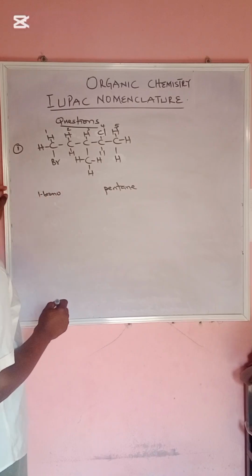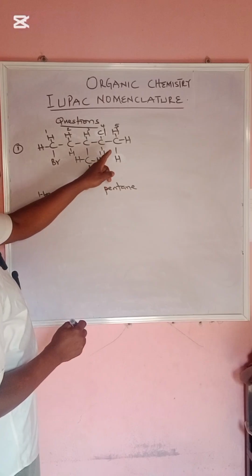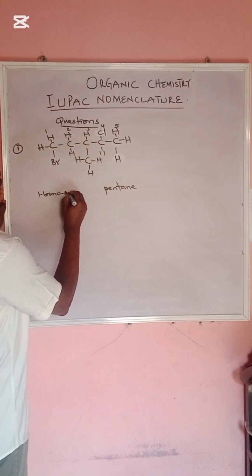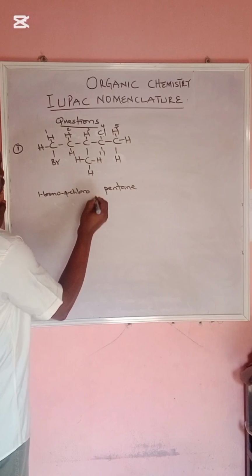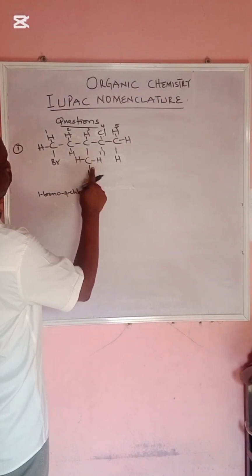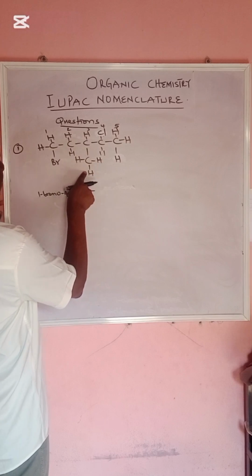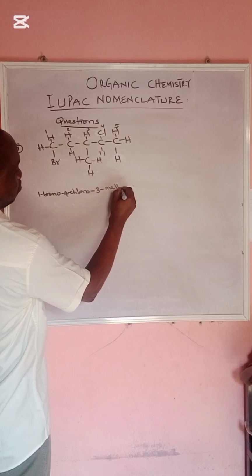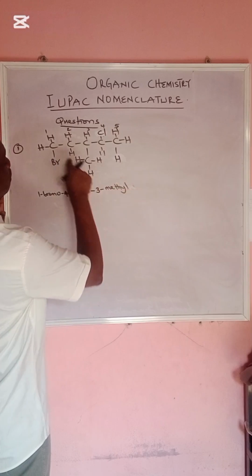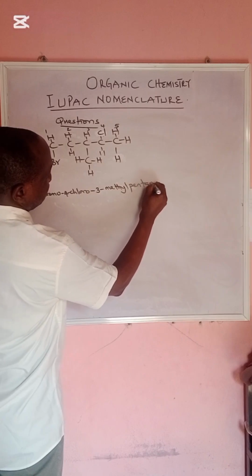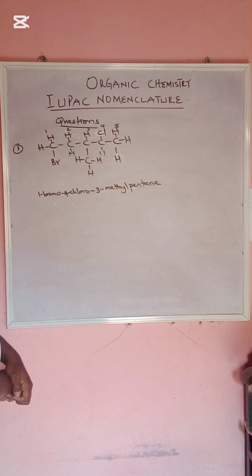Chlorine is attached to carbon 4, so 4 chloro. Methyl is attached to carbon 3, so 3 methyl. Parent name pentane. That's the name: 1 bromo, 4 chloro, 3 methyl pentane.